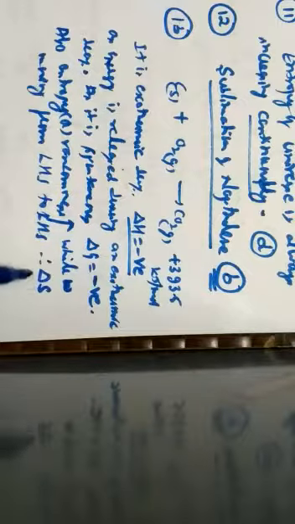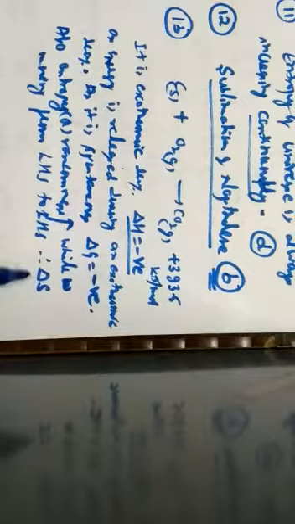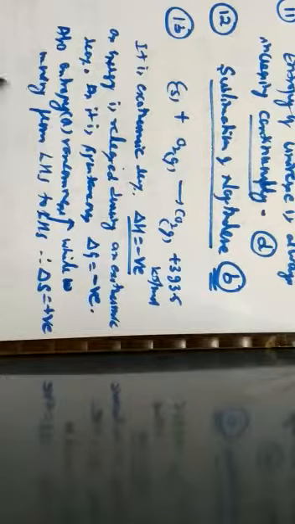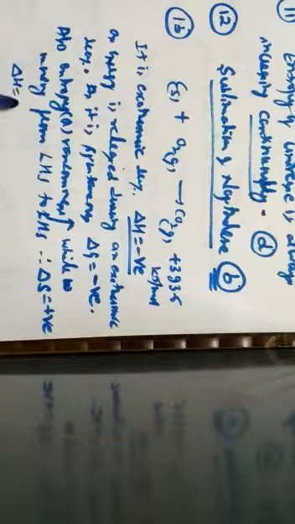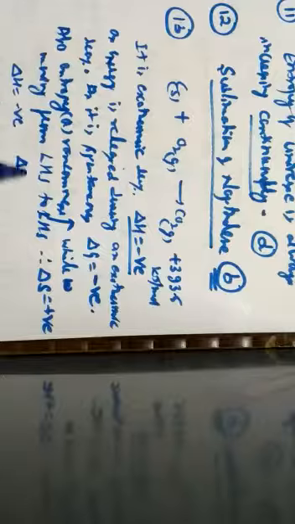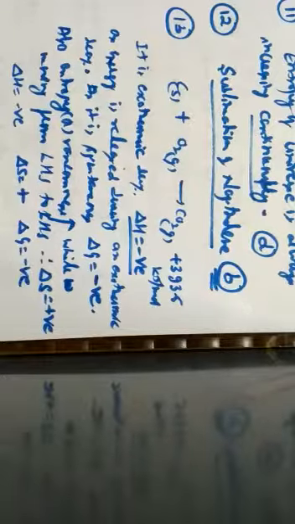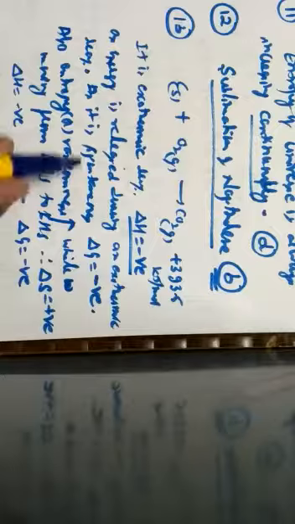Therefore, change in entropy, delta S, is always what? Positive, because on moving from LHS to RHS, randomness is increasing. Hence delta H is negative, delta S is positive, and delta G, Gibbs energy, is negative, because spontaneous means delta G should be negative.